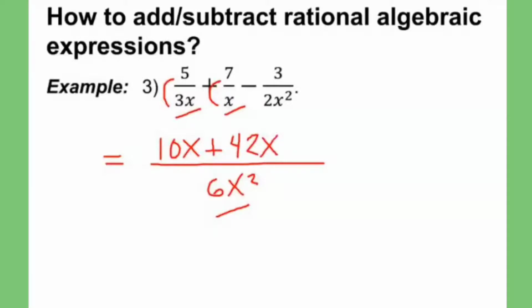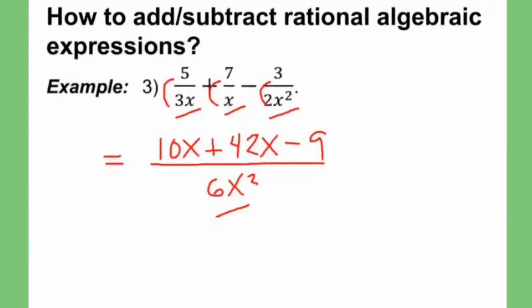And finally, 6x squared divided by 2x squared, that is equal to 3. Then multiply the result to our numerator 3. So 3 times 3, that is equal to 9. So copy lang natin yung minus sign at saka yung 9.